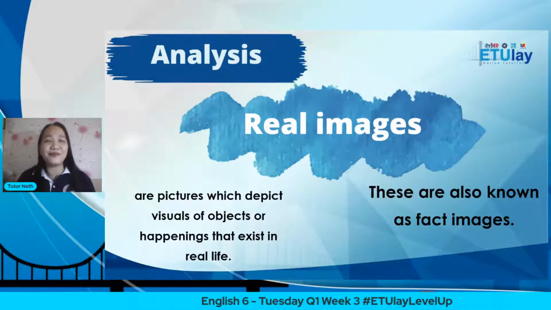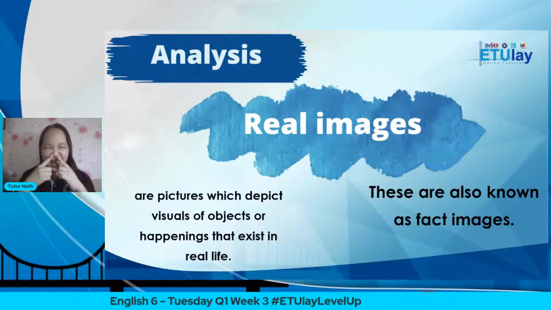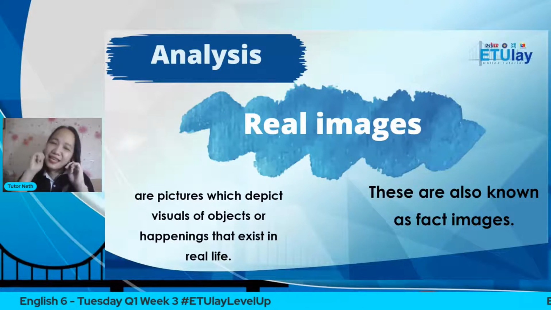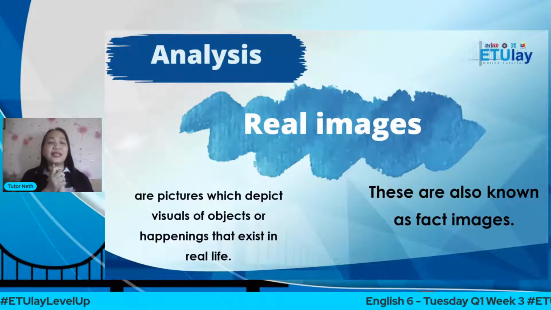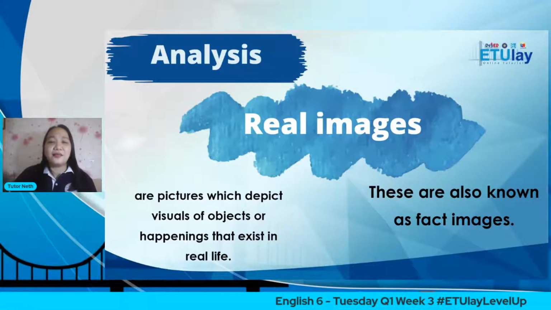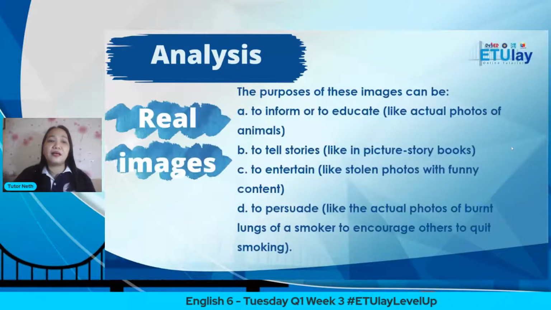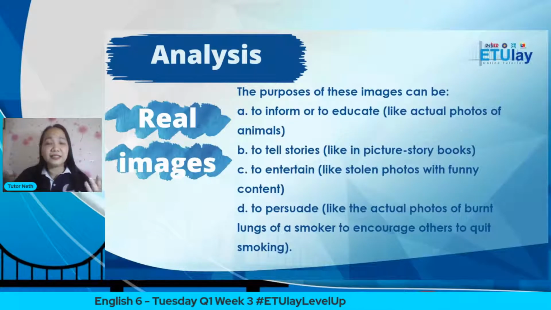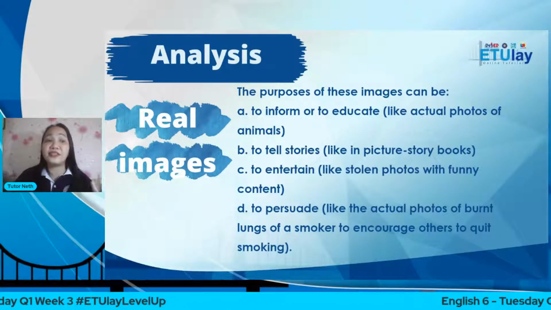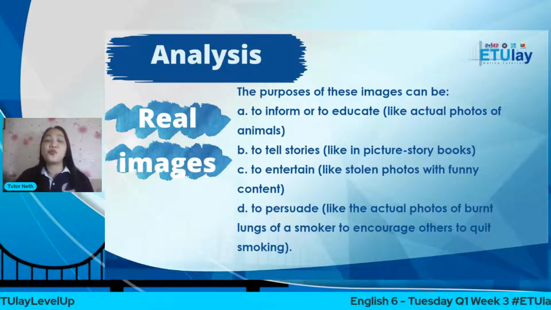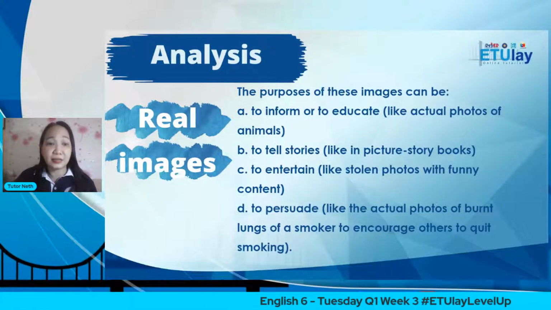Okay, what are those five senses? Seeing, smelling, tasting, hearing, and of course, feeling. Okay, and so those are the facts about the real images. Okay, so how are we going to identify real images? So what are the purposes of these real images?